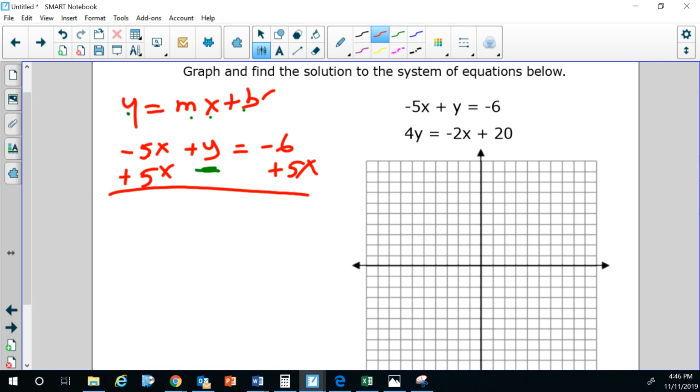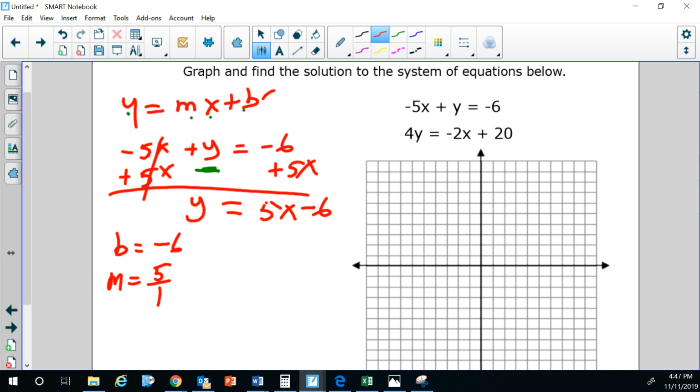I draw my line, that goes away, and that leaves me y on the left side equals 5x minus 6. Now my y-intercept, my b, is going to be negative 6. That's my starting point. And my slope, my rise over run, is going to be 5 over 1.